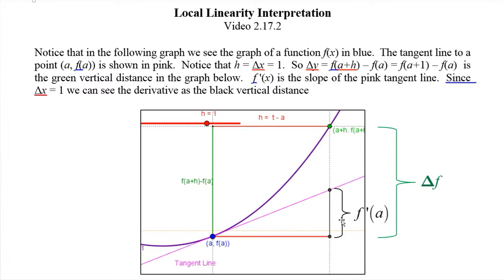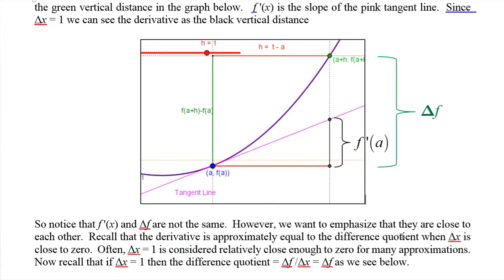I've made it very dramatic in what I've picked here, but in many cases these things are relatively close to each other. And so we want to use the fact that the delta f and the f prime are relatively close to each other, and so these two things are sometimes used to approximate each other. But notice that they're not the same thing.